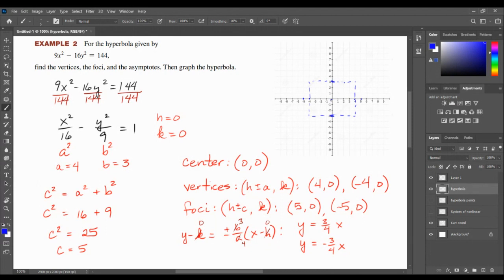And so if I were to start at the center, up 3 over 4, up another 3 over another 4. So there's an asymptote. We can continue the same thing down the other direction. Let's see, it was up 3 over 4. So you can see that there's our asymptote.